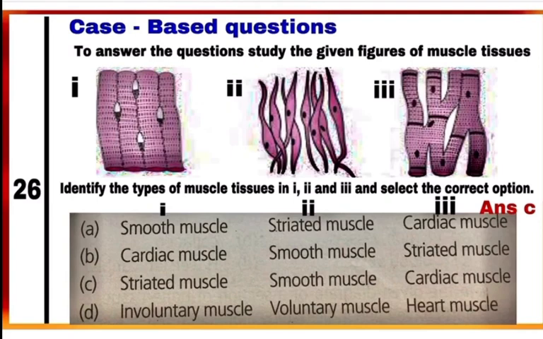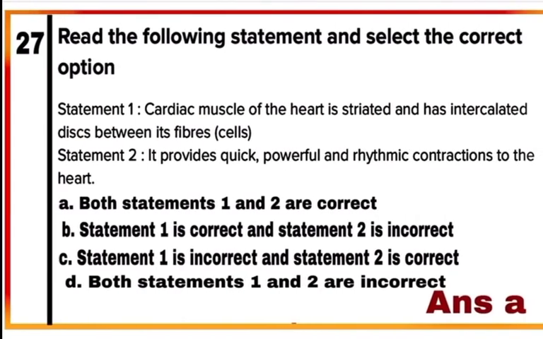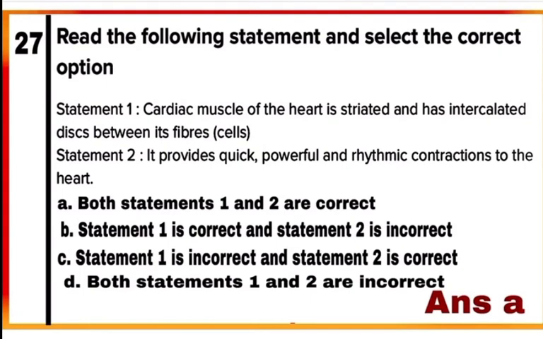Option C is correct. Figure 1 is of striated muscle, figure 2 is of smooth muscle and figure 3 is cardiac muscle. Question 27. Read the following statements and select the correct option. Option A is correct. Both statements 1 and 2 are correct.